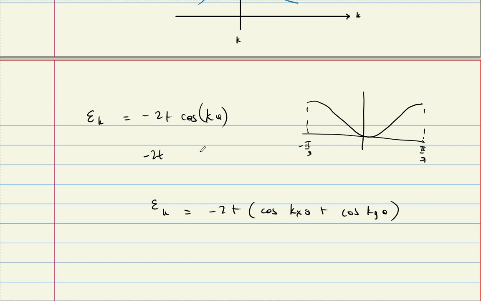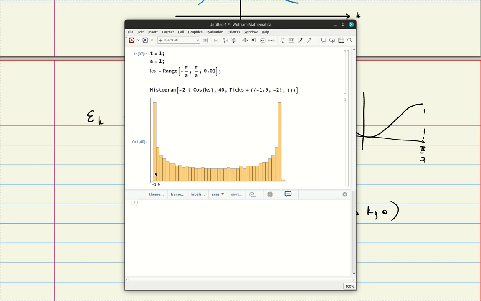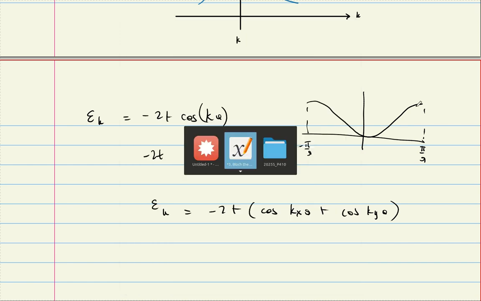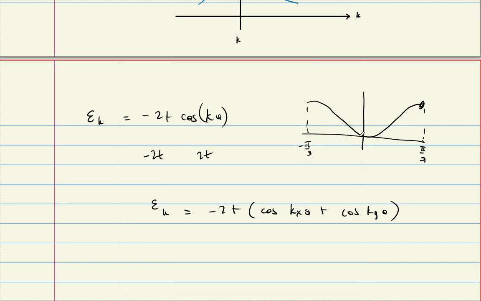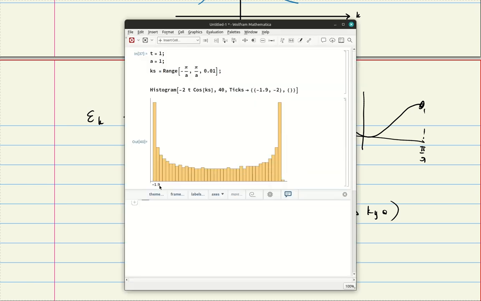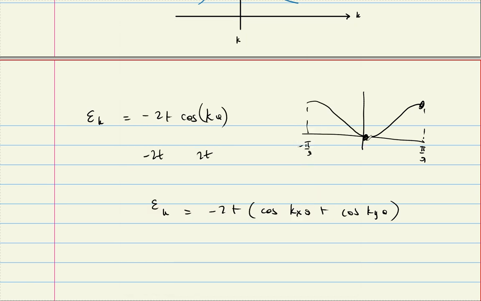This is minus 1, minus is plus, this is 2t, and since we took t equal to 1, it's going from minus 2 to plus 2. But because it's numerics, the ticks aren't placed where you want, so you have singularities at this point and at minus 2, this point. Right? This is exactly what we are seeing.